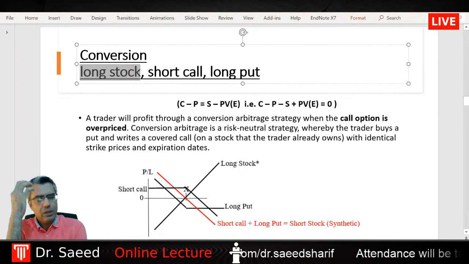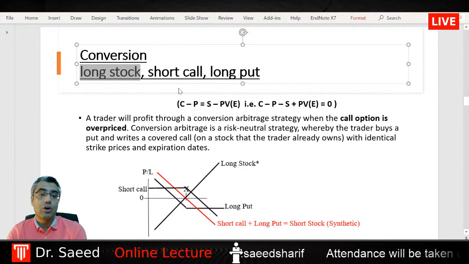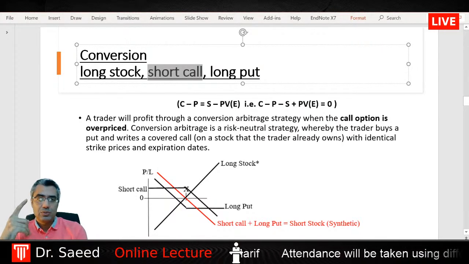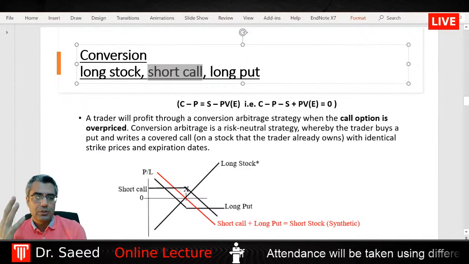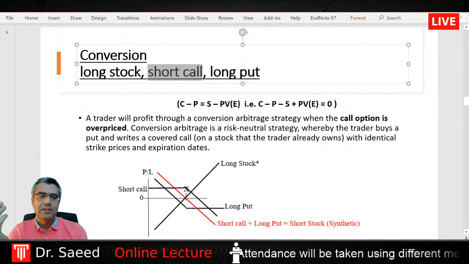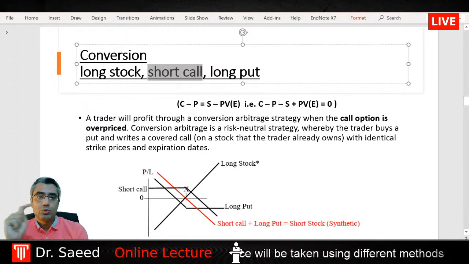So why are we doing this? Because if we identify that call is overpriced, of course we should short call. But this is not a speculation, right? For speculation, you don't offset your position. So when you believe that call is overpriced, you just short it. But here for arbitrage, we don't want to take any risk.